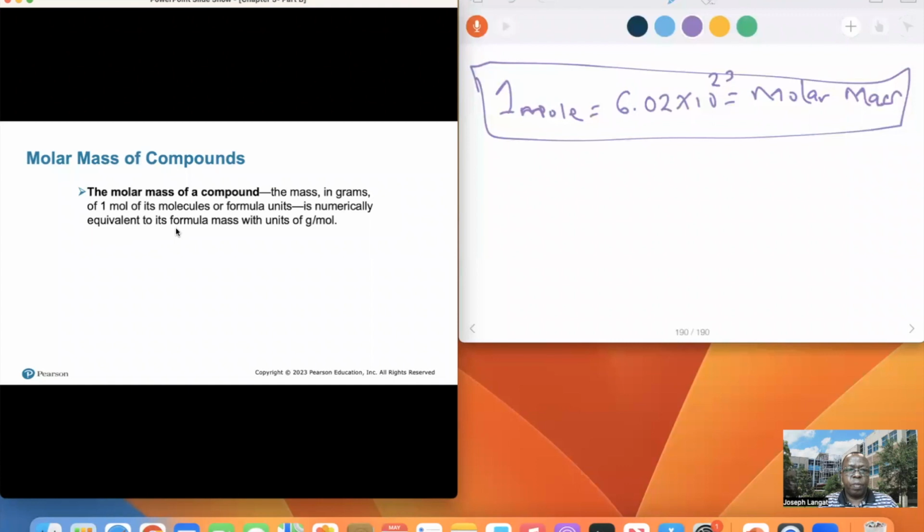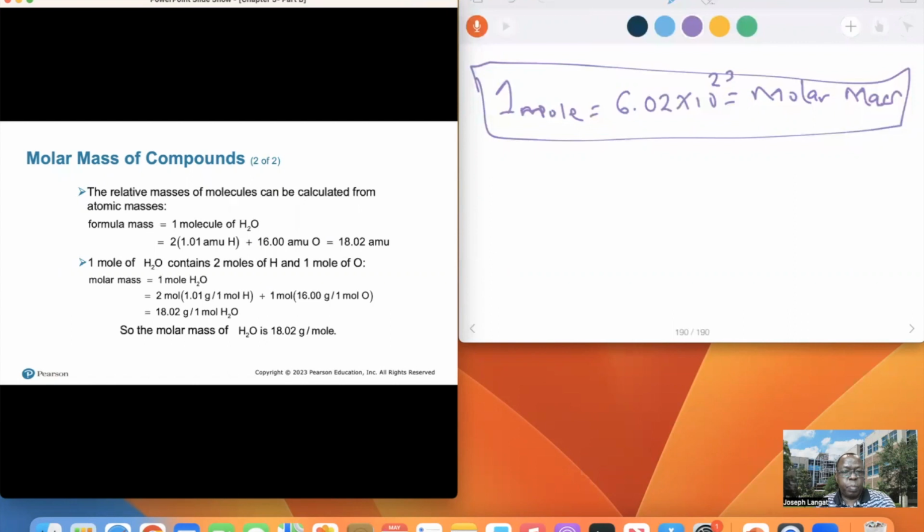It is numerically equivalent to the formula mass, except that the units are grams per mole. So 1 mole of H2O contains Avogadro number of water molecules and has the same numerical value as its atomic mass, except that the unit is grams per mole. It is pretty straightforward. Given the periodic table, you can find the molar mass of any compound.